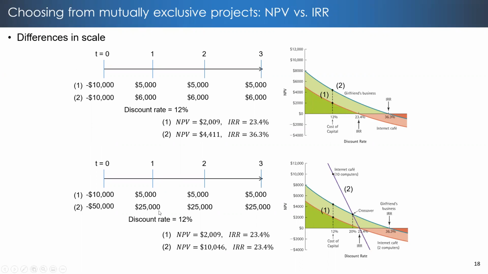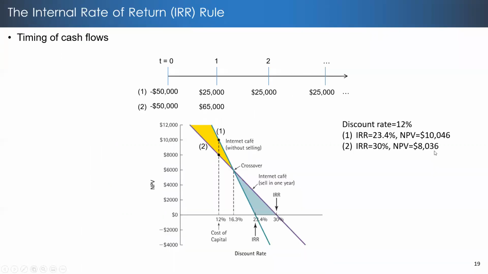So we will have a very different net present value for these two projects, but exactly the same IRR. Meaning that the return rates are the same, but we definitely have a higher dollar amount of value from the second project. So in this case, we should take the second project because it gives us a higher value, and let the first one go, although they have the same IRR.